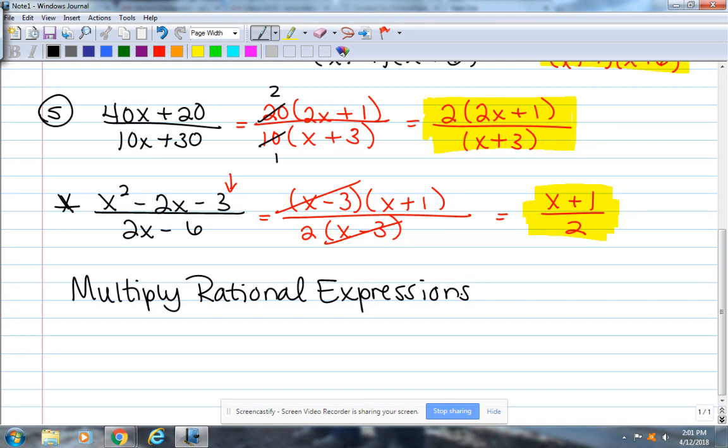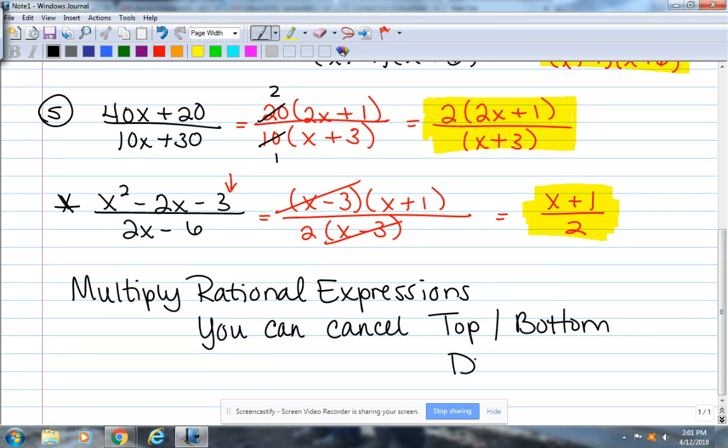So when you're multiplying rational expressions, you can cancel, like eliminate stuff. You can cancel two different ways. You can do it top and bottom, top with bottom. And you can cancel with diagonals.